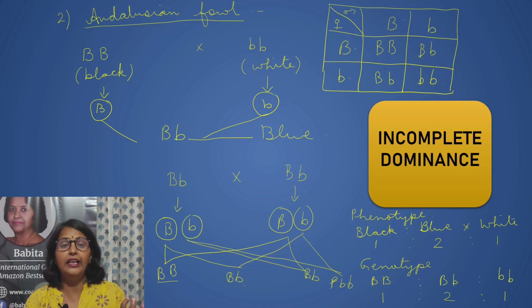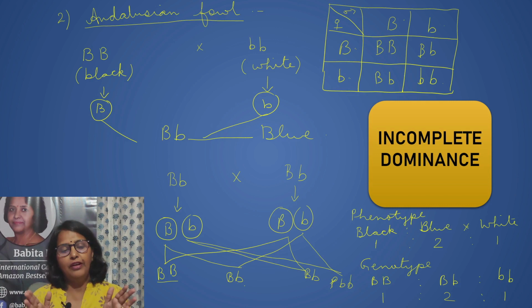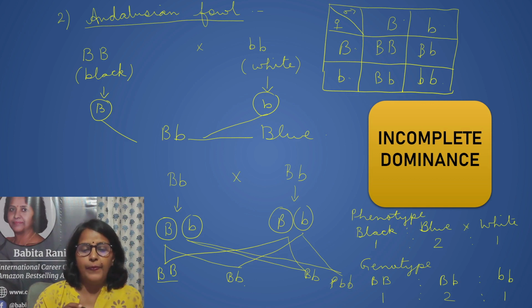We do not get any one character which is dominant from the homozygous contrasting characters, that is homozygous dominant and homozygous recessive genes. We get another character when we have alleles from both of these. Let me show you how it is situated on chromosome. Suppose this is a chromosome.